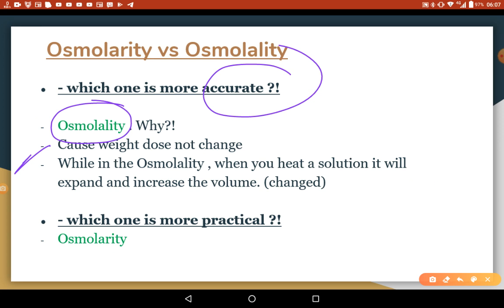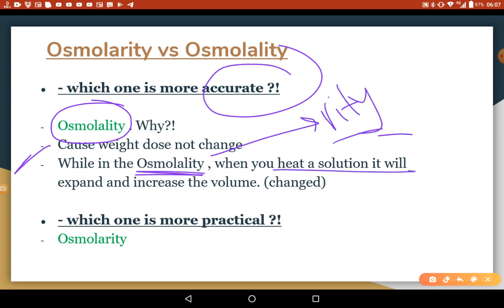Unlike weight, the volume of a solution is affected, which affects osmolarity. When a solution is heated, it will expand and increase in volume. This change affects osmolarity, not osmolality. Sorry for this mistake.